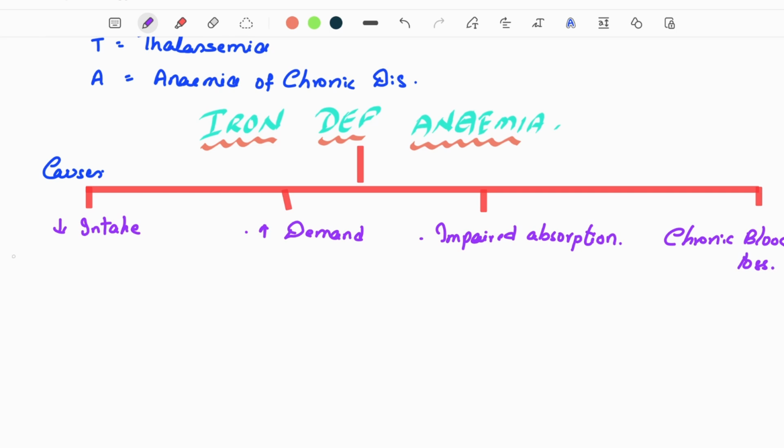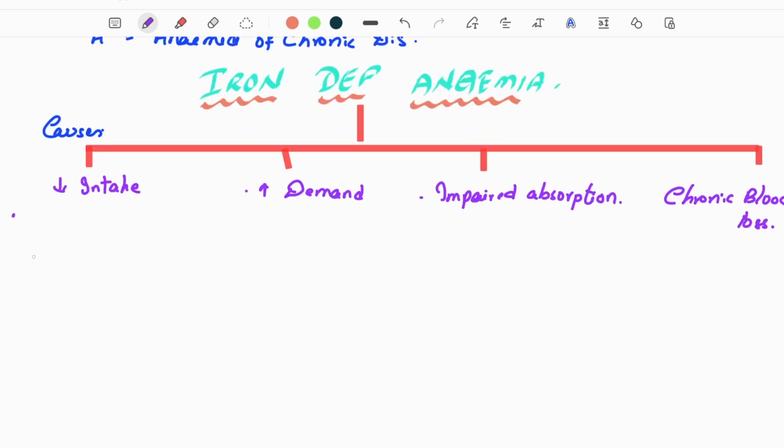So first one, the intake of iron is very less. Why? Why the patient or the person is taking low iron? It may be because of poverty or because of low economic status. Low socio-economic status.